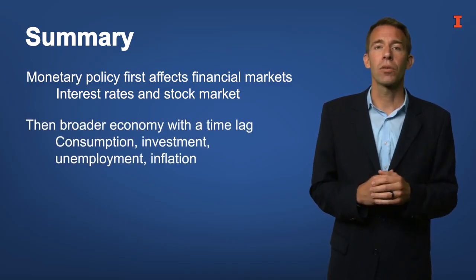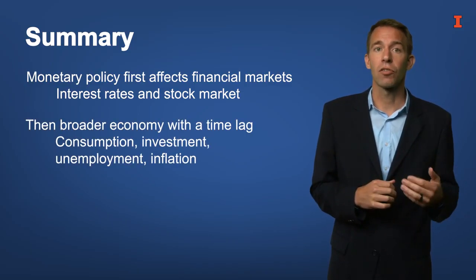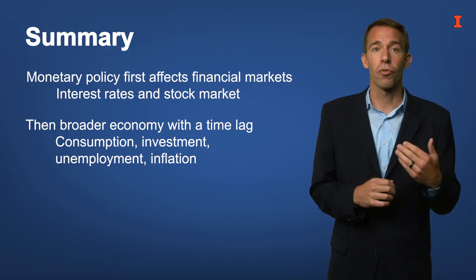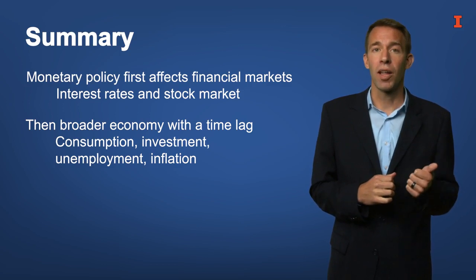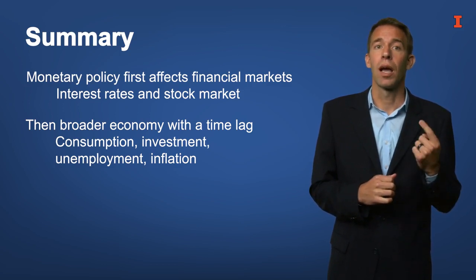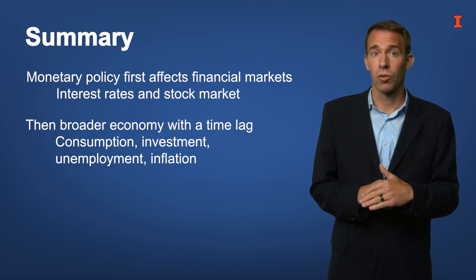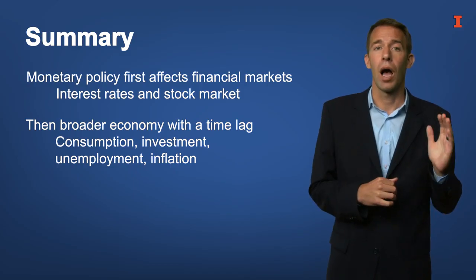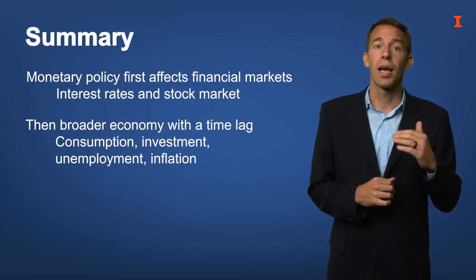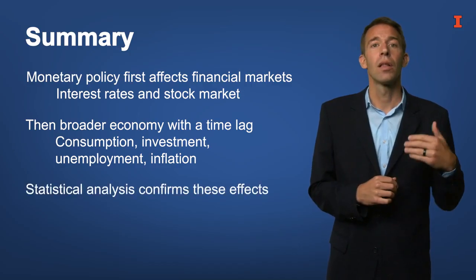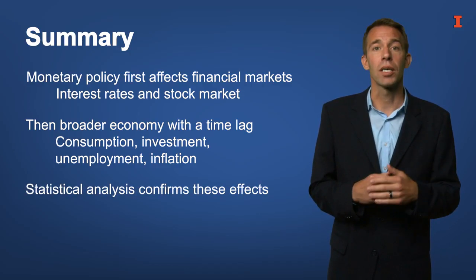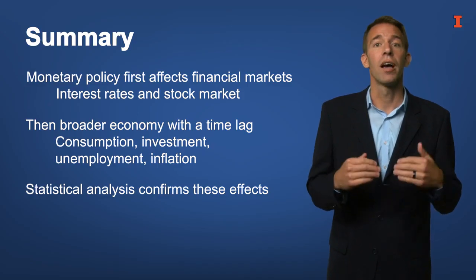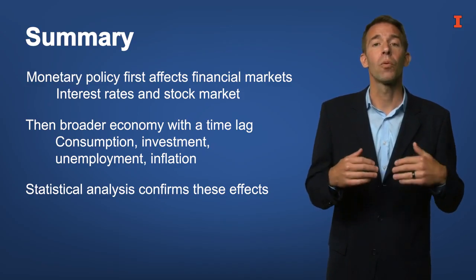Then we looked at empirical evidence confirming that after a surprise increase in the federal funds rate, the money supply falls immediately, and then industrial production goes down, unemployment increases, and inflation declines. These effects take time to appear, indicating that monetary policy affects the economy with a time lag.